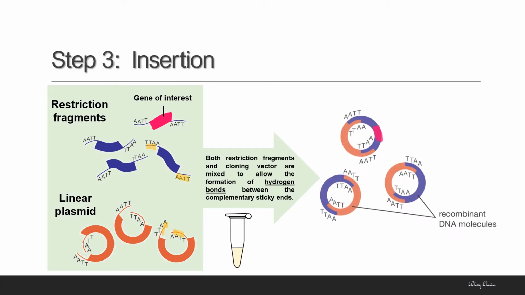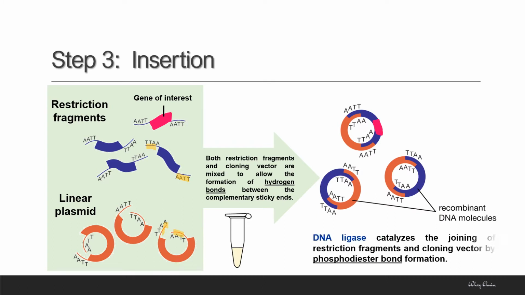But a recombinant plasmid is completely made when DNA ligase catalyzes the joining of the linear plasmid with the foreign gene through phosphodiester bond formation. So here are examples of a recombinant plasmid that carried the foreign gene, and some of it carried a foreign gene that contains the gene of interest.